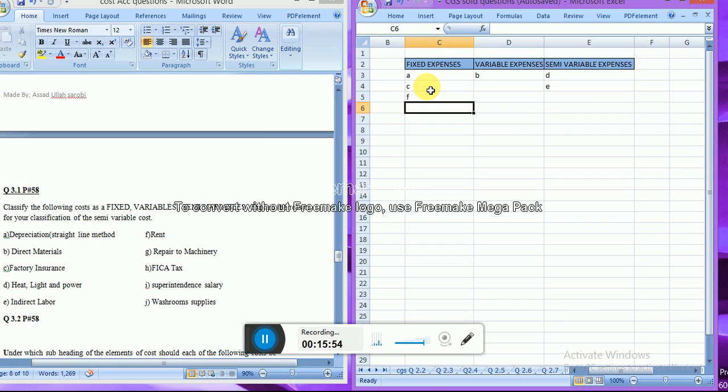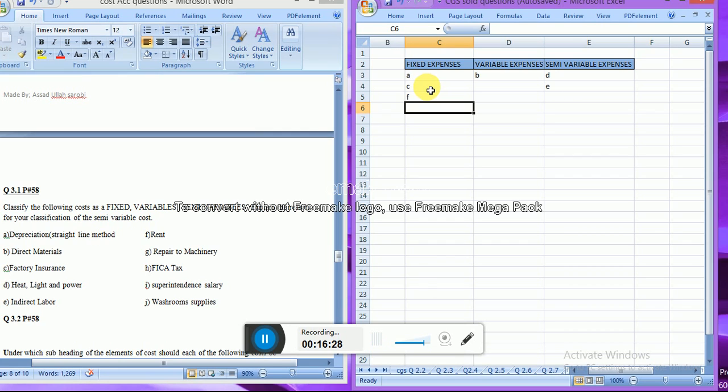Why variable cost? Look at, sometimes in one month, two times, three times, four times, five times, the machinery needs repair and maintenance. And sometimes those repair and maintenance amounts are huge, sometimes much less. So that's why repair to machinery is a variable cost.